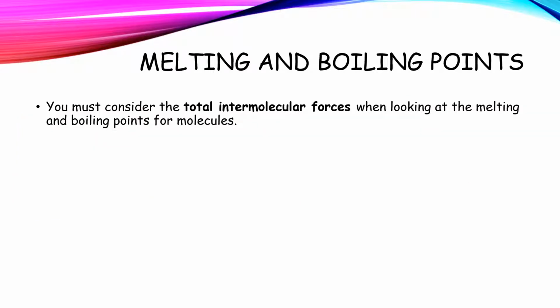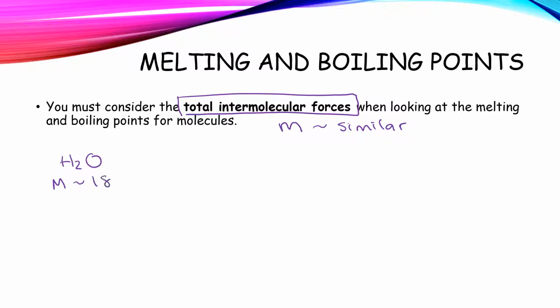When looking at melting and boiling points, you must consider the total intermolecular forces, and substances are only comparable if they have similar formula masses. So for example, if you look at water, water has a formula mass of approximately 18. It's a polar molecule, and its total intermolecular forces include hydrogen bonding, dipole-dipole, and dispersion forces.